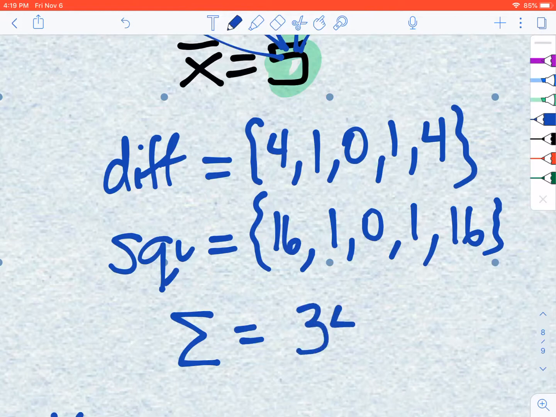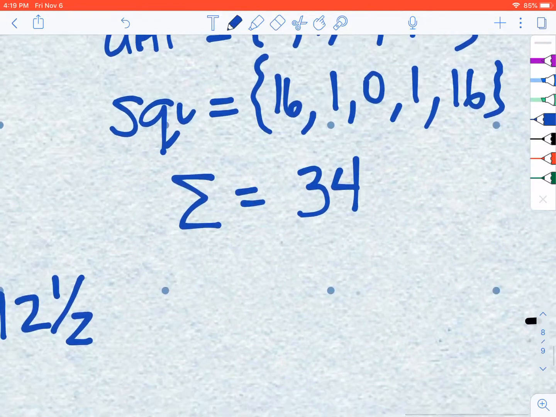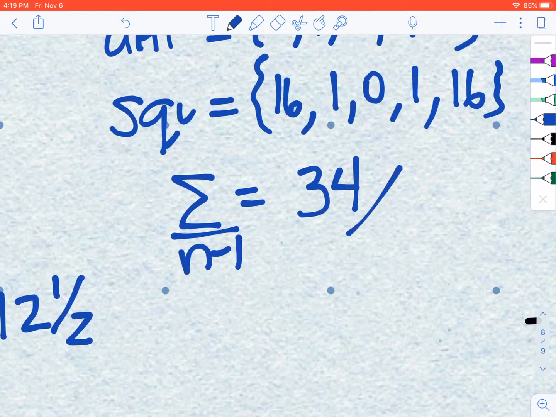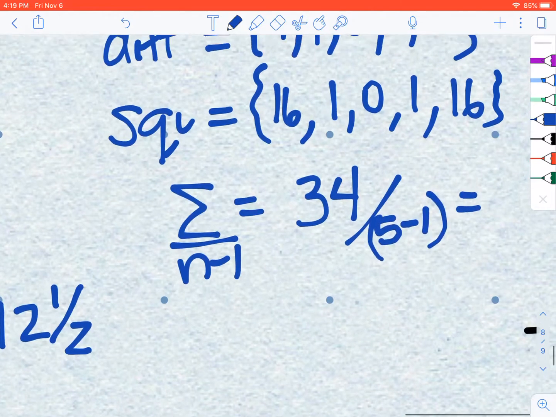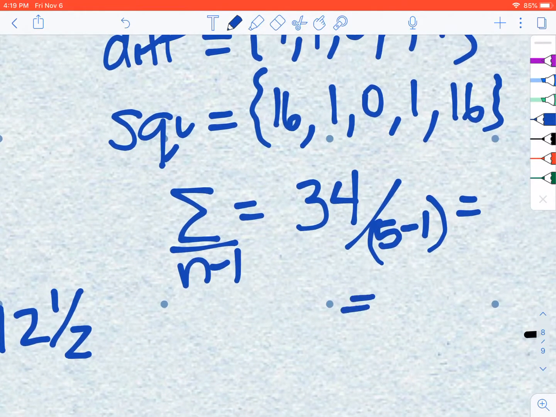All right, we next need to take and divide that. So we need to divide by n minus 1. So in this case, 34 divided by 5 minus 1, which is 34 divided by 4. And my calculator says 8.5.